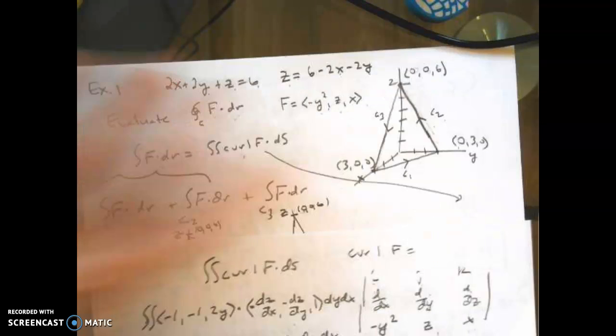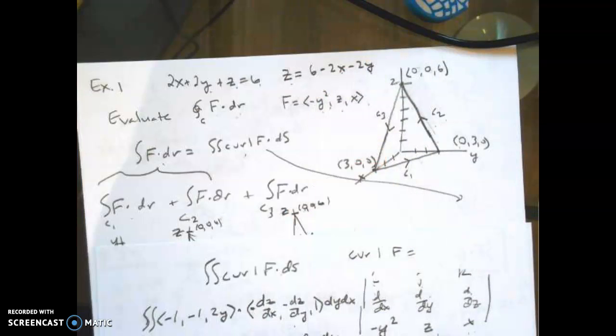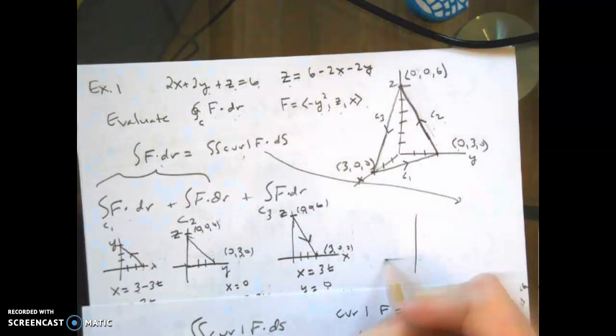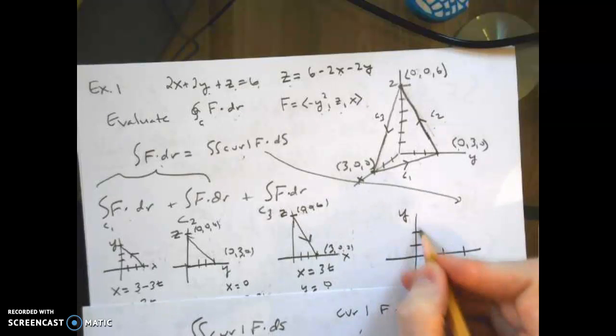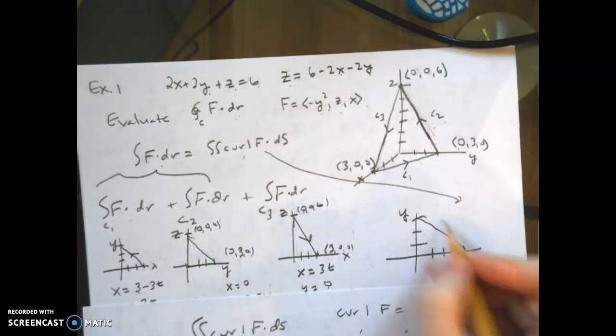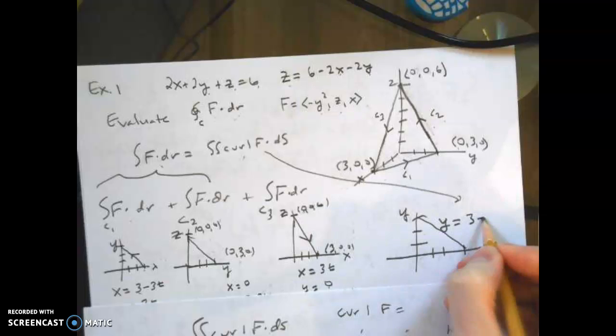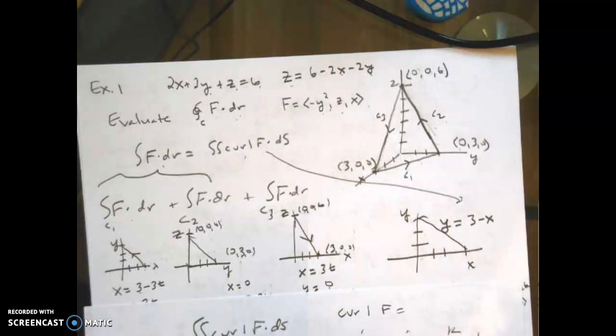When I look at this thing and I project this onto the xy plane, I'm at 1, 2, 3, 1, 2, 3. So y is equal to 3 minus x. So if I do the y's first, y goes from 0 to 3 minus x.